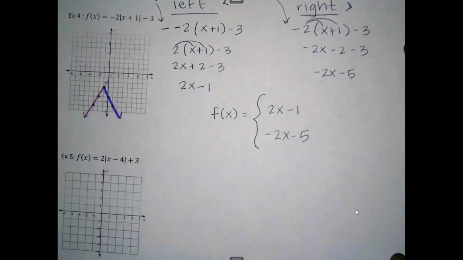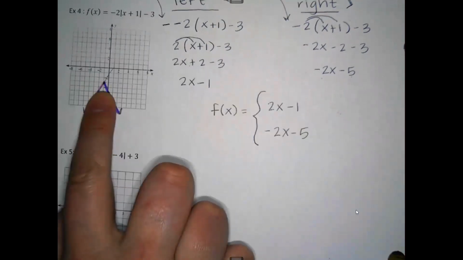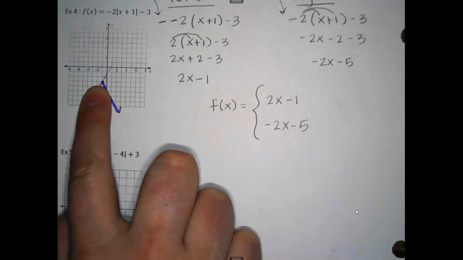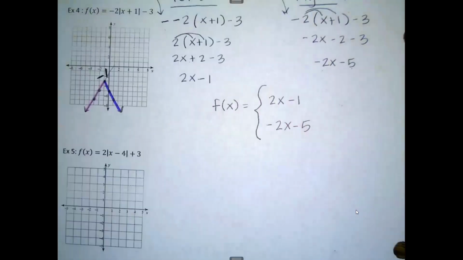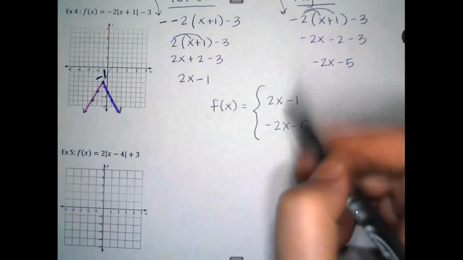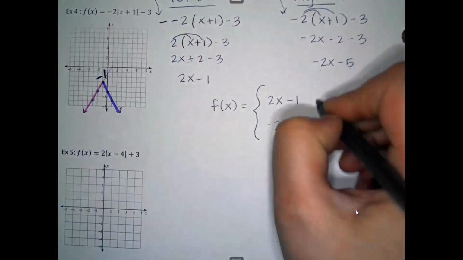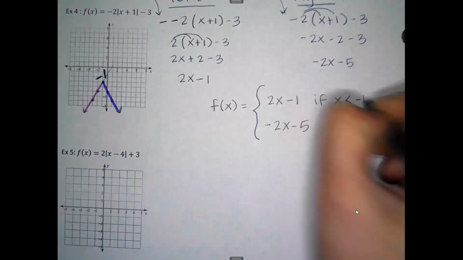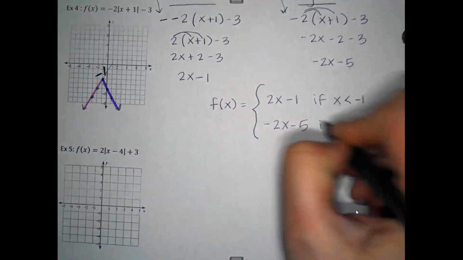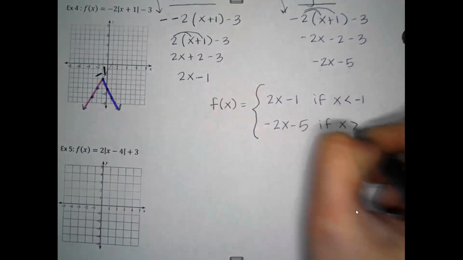What is the x value that splits the graph in half? -1. So we're going to say 2x minus 1 if x is on the left of -1, and -2x minus 5 if x is on the right of -1.